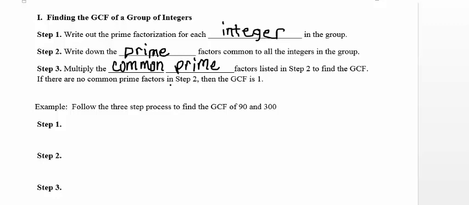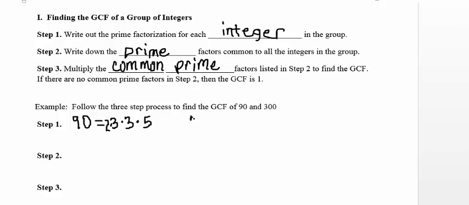So let's follow the 3-step process to find the GCF of 90 and 300. So 90 is equal to 3 times 3 times 2 times 5. So that's the prime factorization of 90.